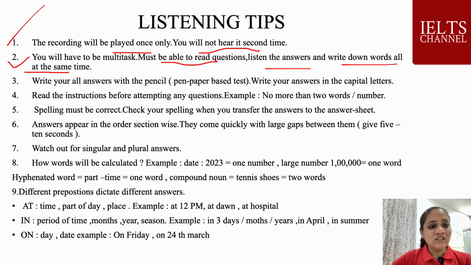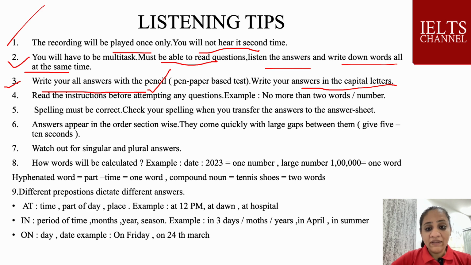Now the third tip is, write all your answers with a pencil and in capital letters. You have to use the pencil predefined by them, and write all your answers in capital letters. This is mandatory. Why?